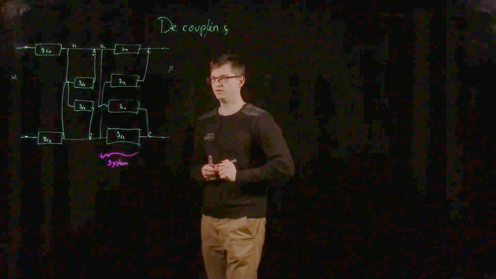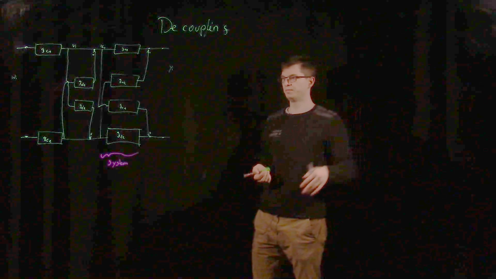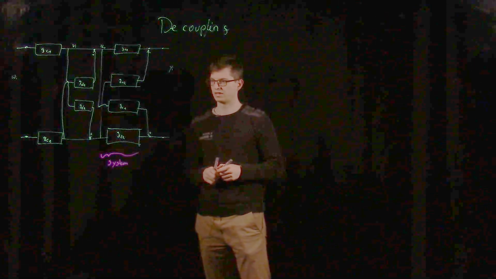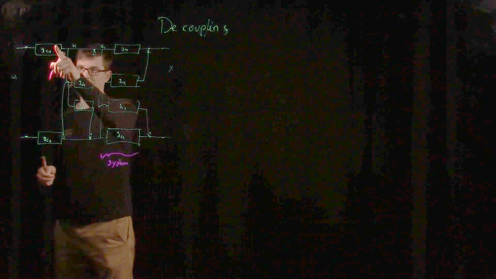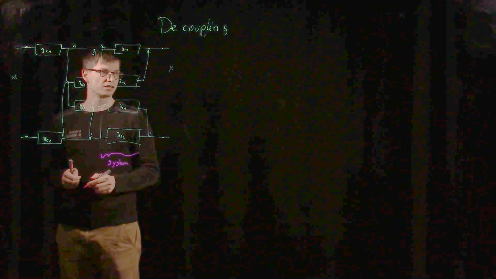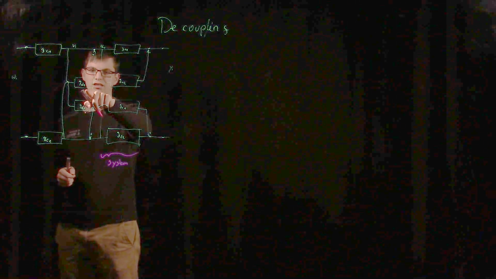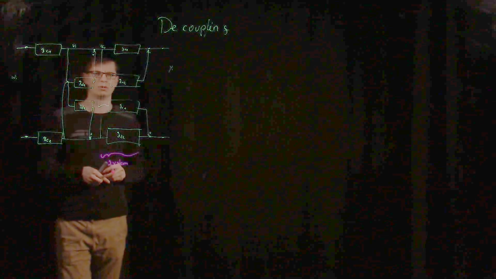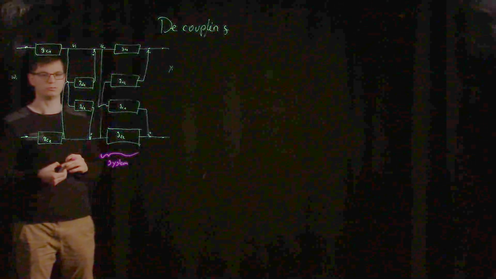The system behavior, maybe the reactor or a distillation column or whatever. Then we have our control blocks in here. There are two new blocks, the GD1 and GD2 blocks. What are these? These are our decouplers that we introduced.